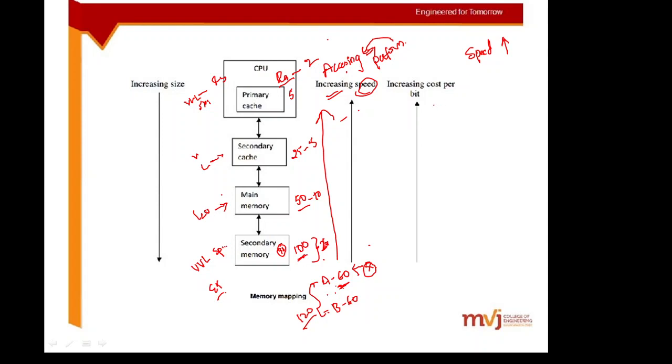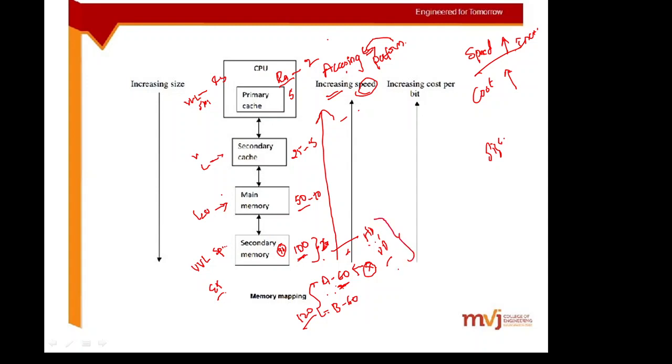Now regarding the cost and the size. Here the speed is increasing. So whenever the speed is increasing, the cost is also increasing. Why? Because when we want to buy a pen drive, secondary storage devices, that is hard disk, floppy disk, pen drives, all these are examples of secondary storage devices.